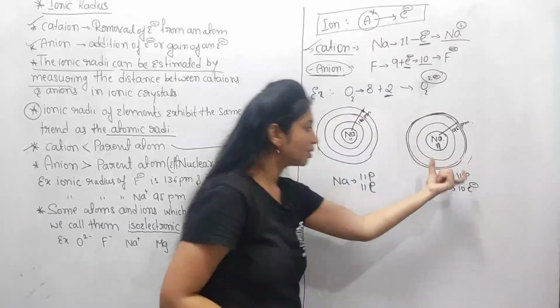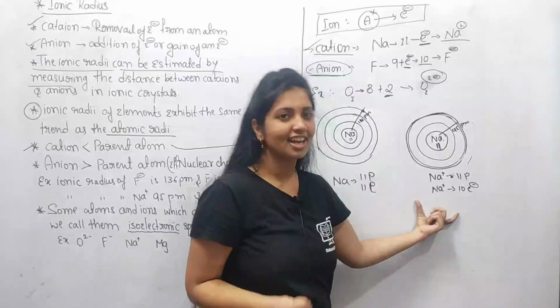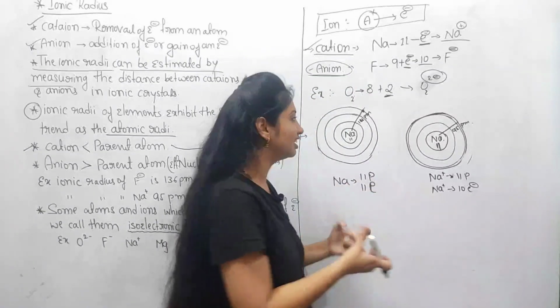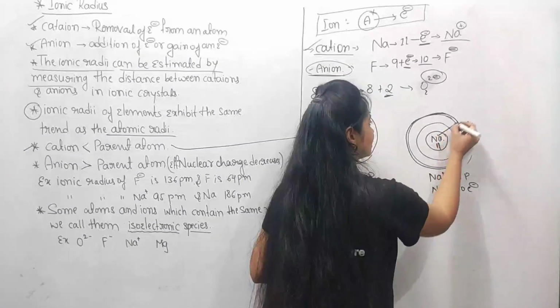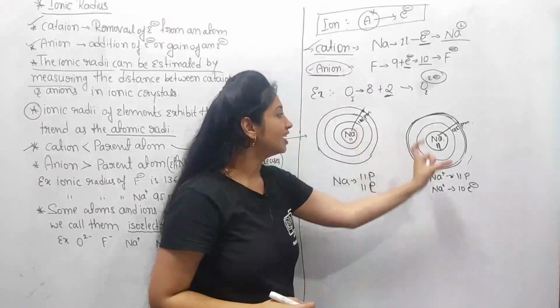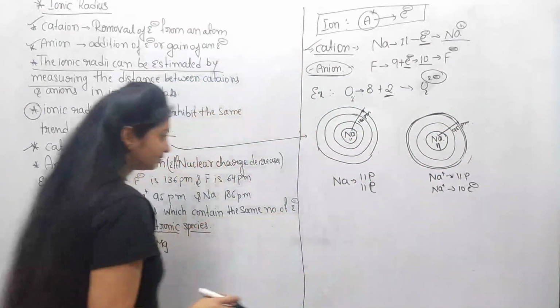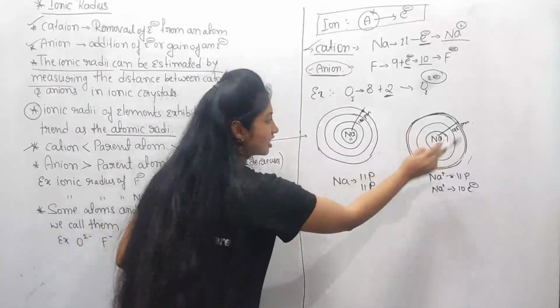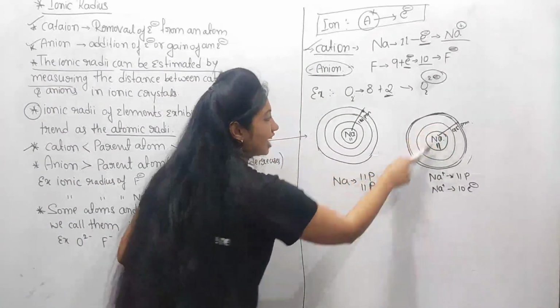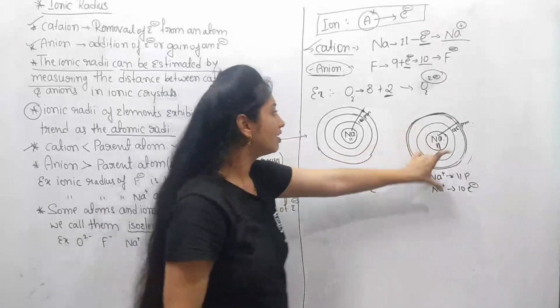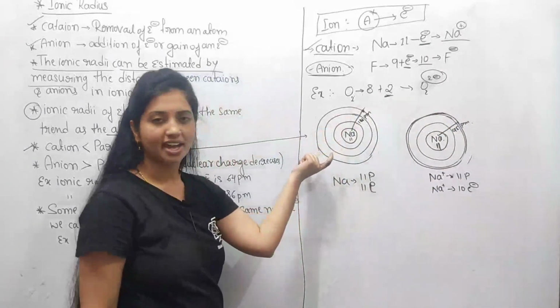So the 11 protons attract the 10 electrons, and automatically the size, or the ionic radius, decreases. So like this, the cationic radius is always smaller than its parent atom.